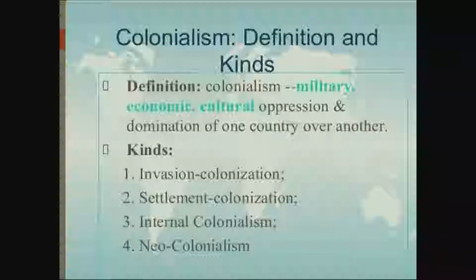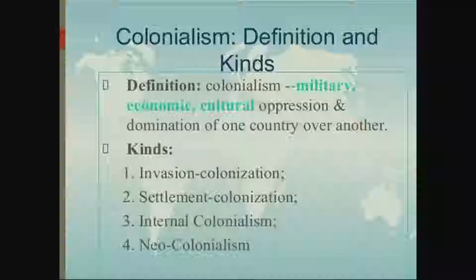Settlement colonization is not merely about invasion and having their monopoly or power over there. It is about land, how they can settle down in land which they have no claim over, but they wanted to establish a claim over the land.